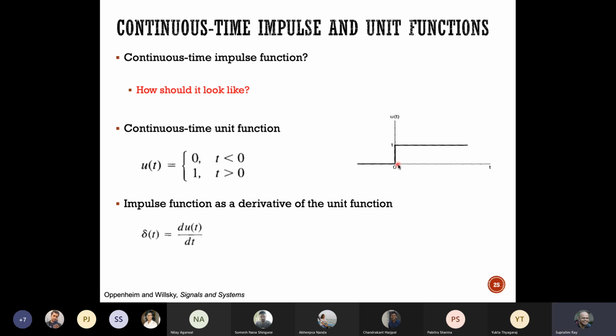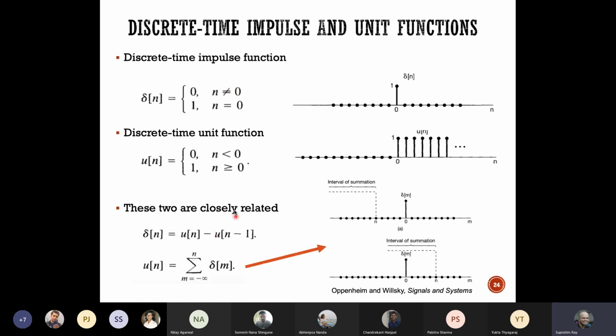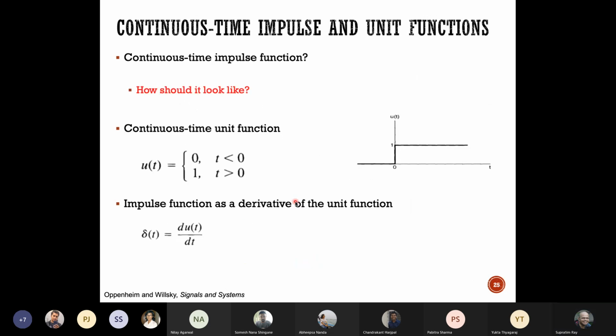It's a function that was 0 before time equal to 0, and then it became 1. This is easy. But now think of the impulse function as the derivative of the unit function, just as you were looking at the difference in the discrete domain. Now how should it look?